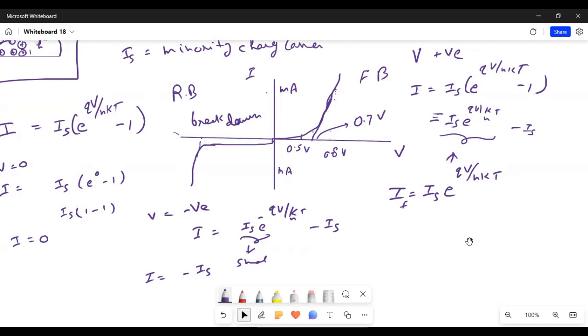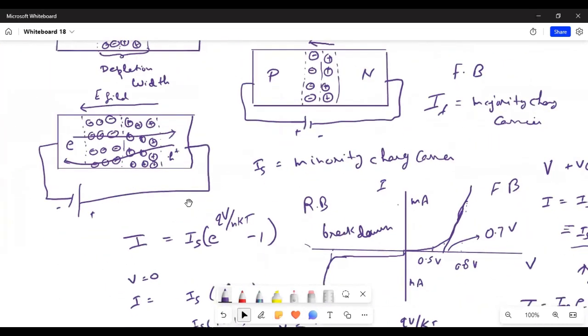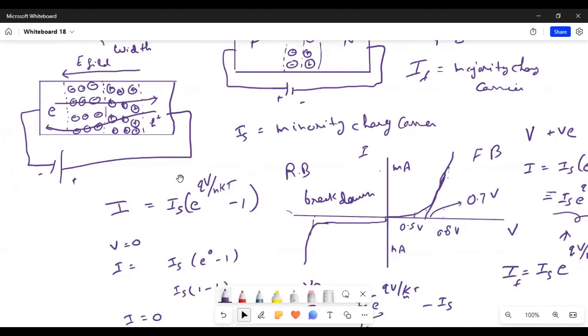Now, there's a mechanism you can understand from this. When you apply more and more potential in the reverse direction, the field inside this material keeps increasing. Of course there are ions, but there is also silicon, so it breaks the silicon atom covalent bond, like the thermal generation of charge carriers I showed at the very first point, generating electrons and holes.